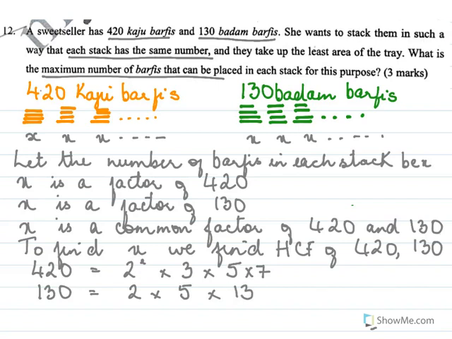Now we need to find the common factor and the lowest power. The common factors are 2 and 5. Lowest power is 1. So HCF equal to 2 into 5, which is equal to 10. So the HCF here is 10.